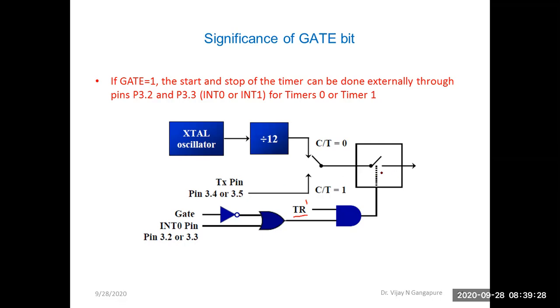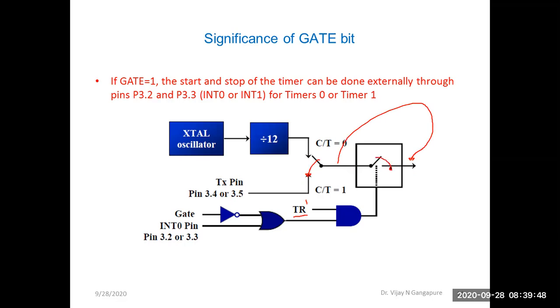When we configure the timer in counter mode, this switch is connected here and it counts pulses from outside the 8051. These pulses reach the output and are counted in the timer register only if this gate is on.